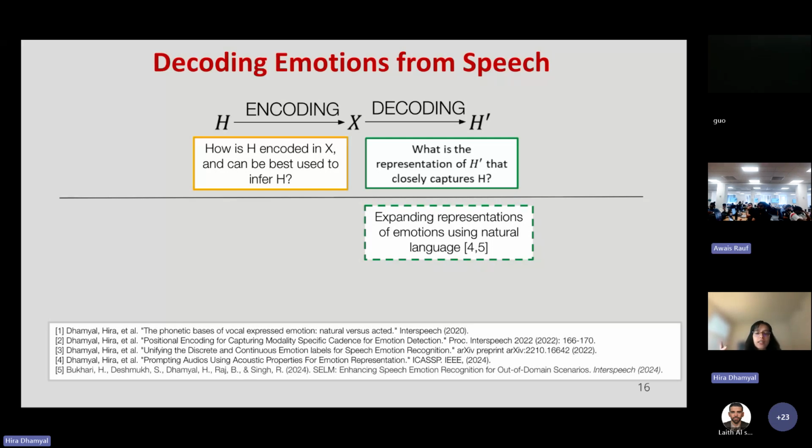But is that really what is happening in our head when we are trying to express emotion? So is H prime, what sort of representations closely capture H? That is a work that I will go into today.